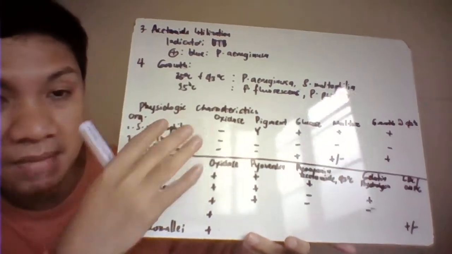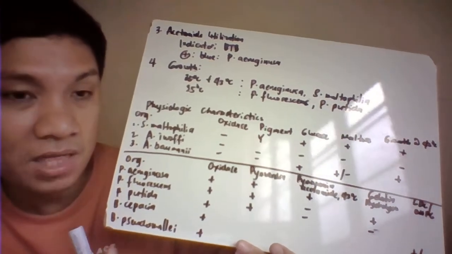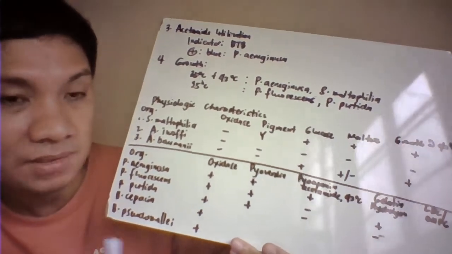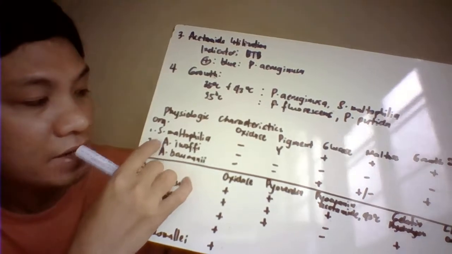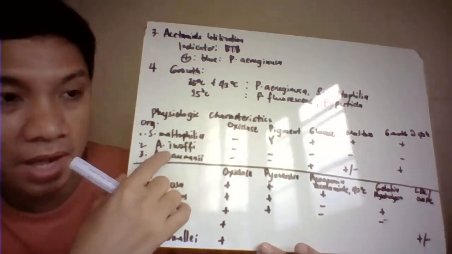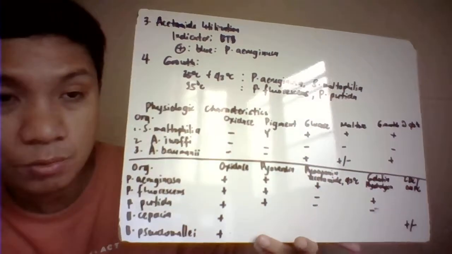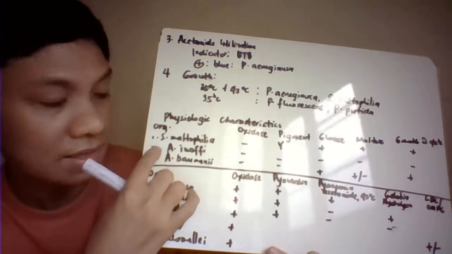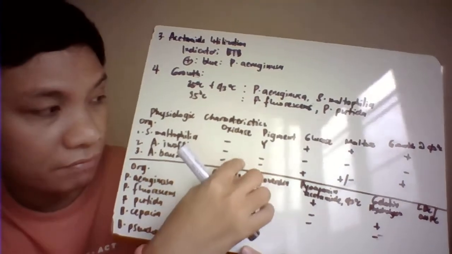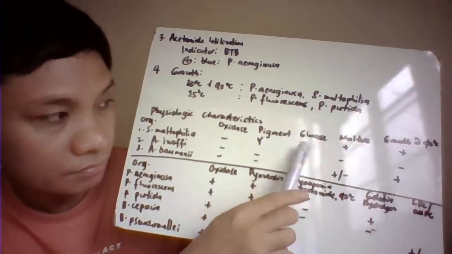Then we have the summary of our entire biochemical reactions for these non-fermenting gram-negative bacilli. We have Stenotrophomonas maltophilia, Acinetobacter lwoffii, and baumannii. These two, Stenotrophomonas and Acinetobacter, are oxidase negative. For the pigment, maltophilia produces yellow pigment.